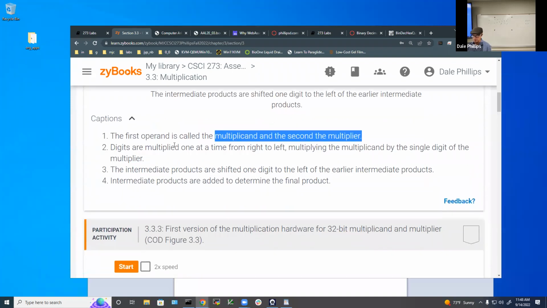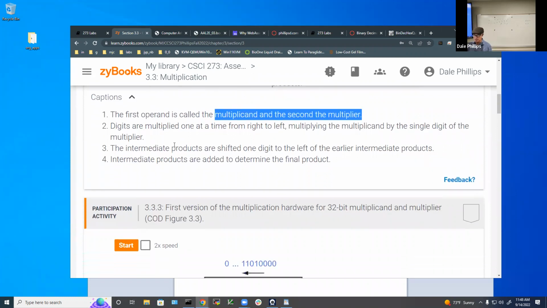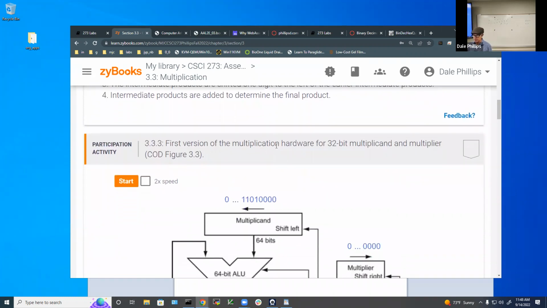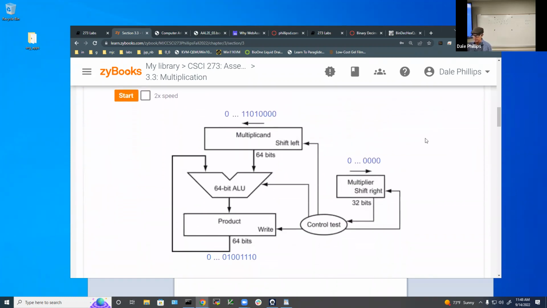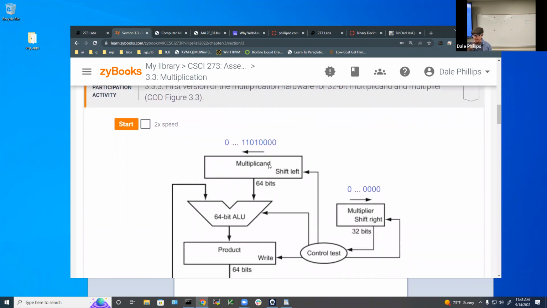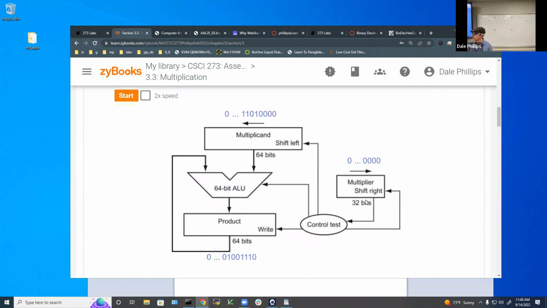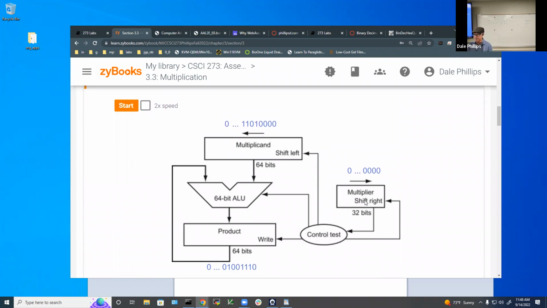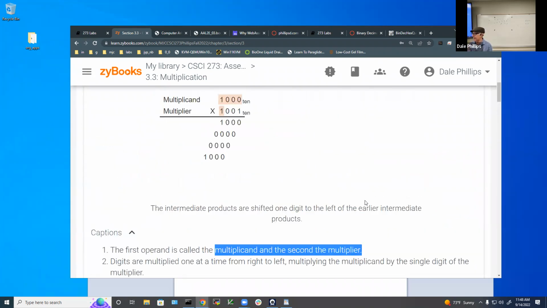But the concept of what's happening when you multiply, you kind of want to know that. So here's how it works. This is a 32-bit multiplicand and multiplier. And basically, this is how we would write the logic using gates to do that.